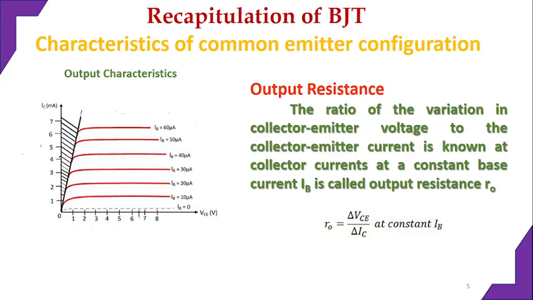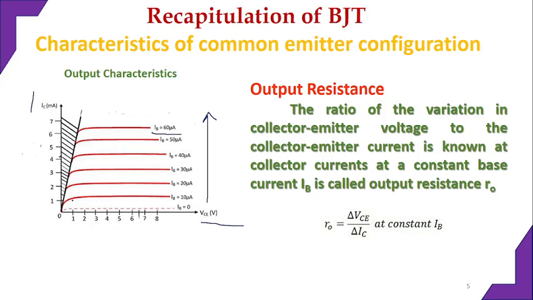And this is the output characteristics. The output parameter VCE is taken along the x-axis and IC along the y-axis, keeping the base current constant. Starting from 0, it gives an increasing current.